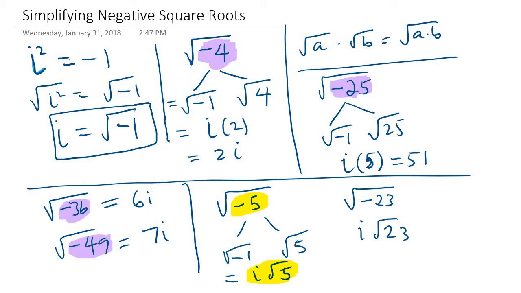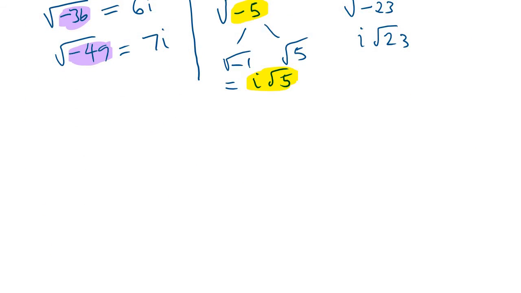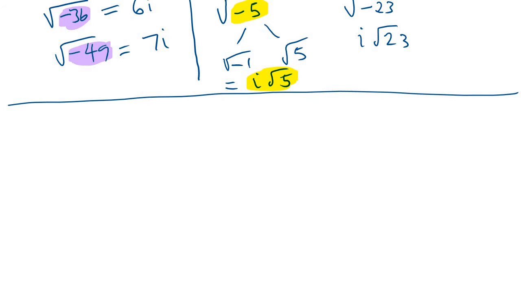All right. Now we're going to go to the last category, in which the number can be broken. So we have the square root of -12, for example. Here we have to break it into three parts. So it will be the square root of -1, the square root of 4, and the square root of 3.